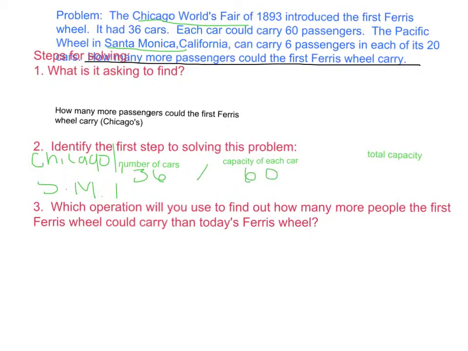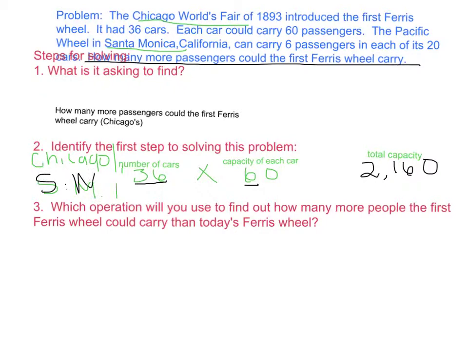Okay, great. The capacity of each car is 60 passengers. I multiply these two numbers together. We know our basic fact, so it's pretty simple here. We're going to do 36 and 6 and then add a 0, which is 2,160. And then let's do the same thing for Santa Monica. The number of cars in Santa Monica, and I'll just keep it black here.